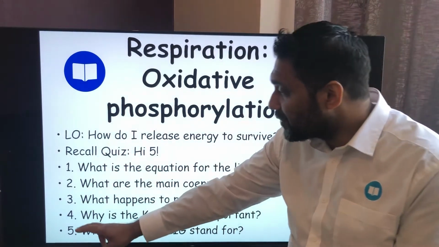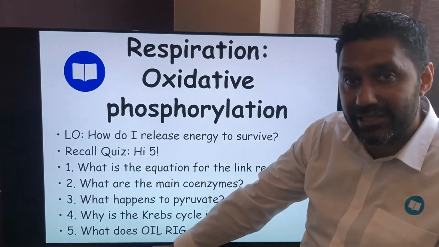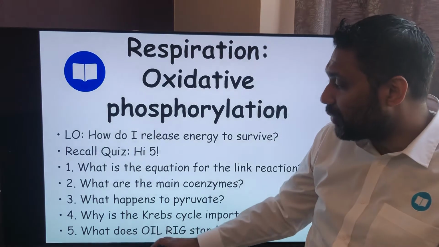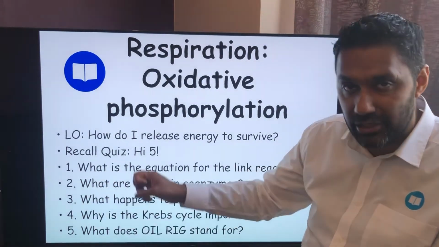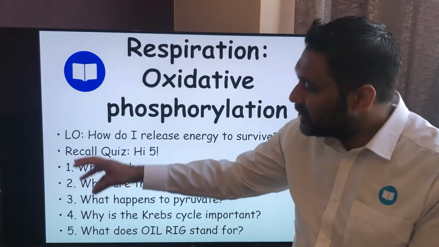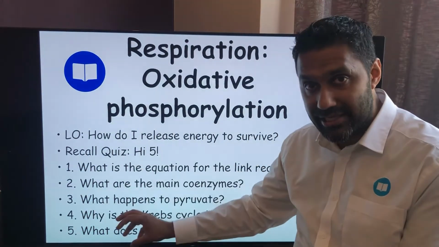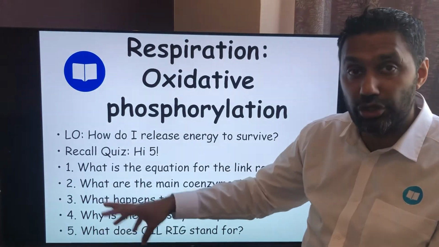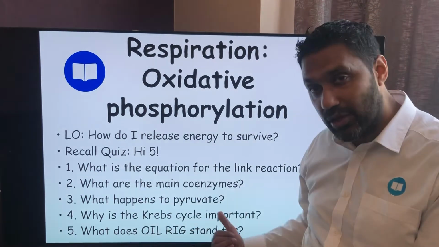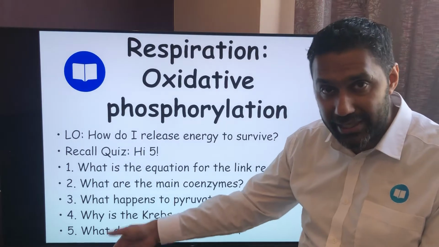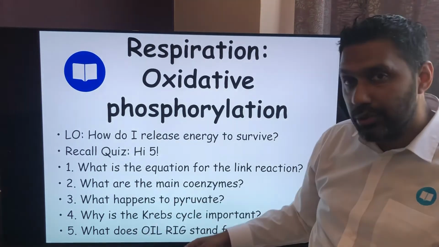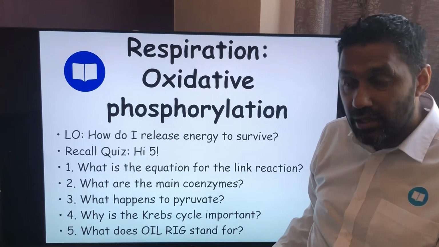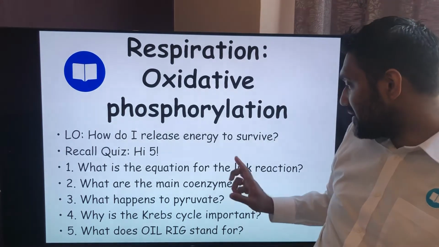The pyruvate then has plus NAD next to it, and then it has plus the coenzyme A. Now, what we remembered is that the pyruvate loses the carbon dioxide, it loses some hydrogen, so that the hydrogen joins onto the NAD, the carbon dioxide goes off, you've got acetate left behind, but that acetate will join onto the coenzyme A. So the equation is pyruvate plus NAD plus coenzyme A, arrow, gives you acetyl coenzyme A, you get reduced NAD plus carbon dioxide. So that's the answer for question 1.